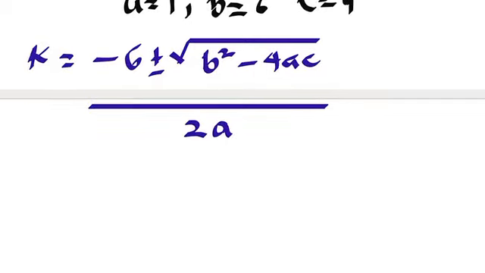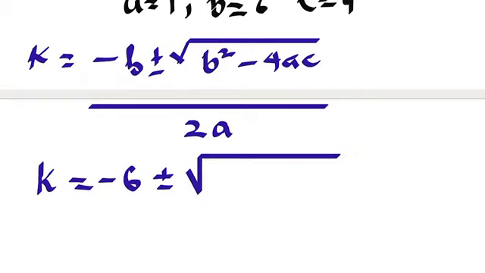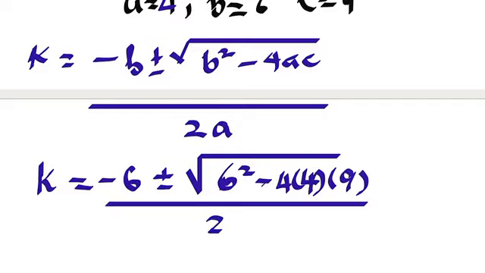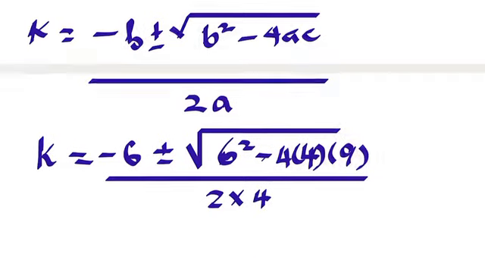So from there, we're going to have k equals minus 6 plus or minus the square root of b squared, which is 6 squared, minus 4 times a, a is 4, then c is 9, all divided by 2 times 4. Understood?